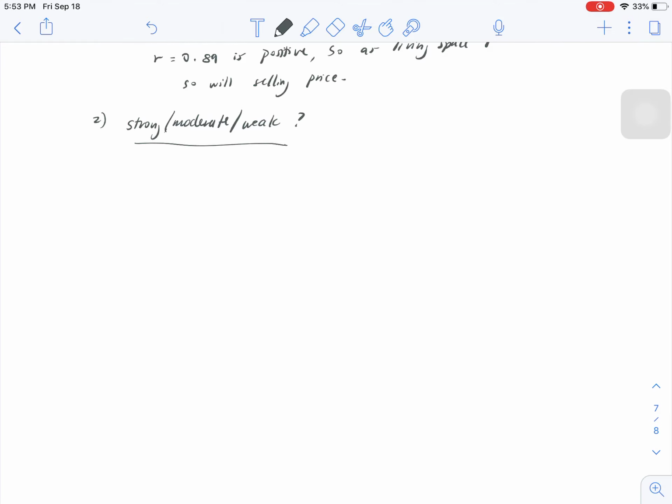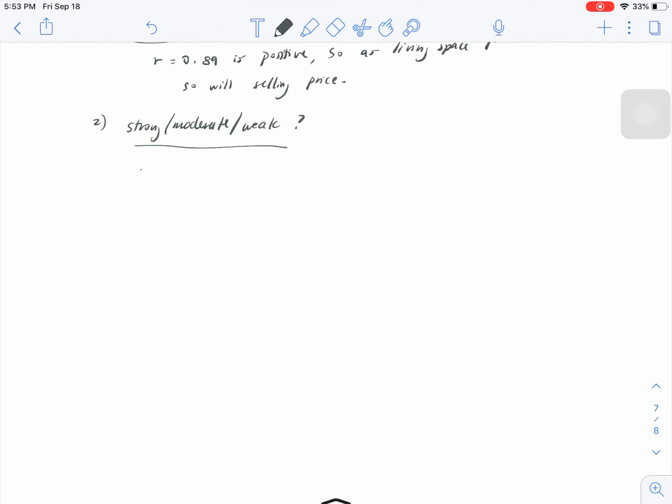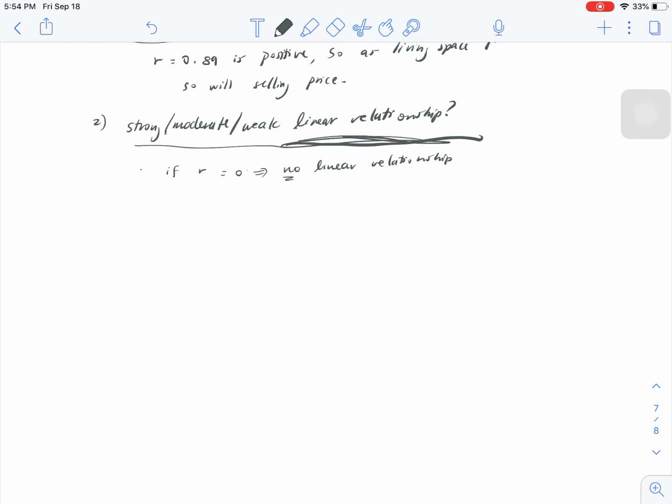Our rule of thumb here is, if r is equal to 0, there is no linear relationship. I'll just clarify, when we're talking about the strength, that's referring to the strength of the linear relationship.